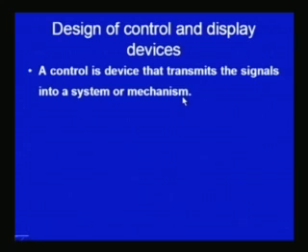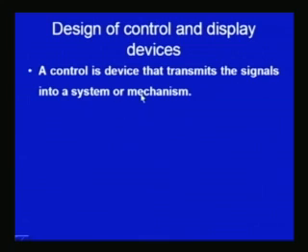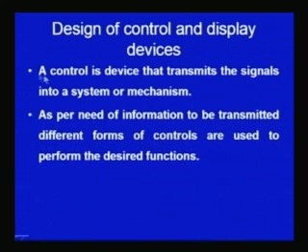For controlling a given mechanical system, these devices are used to transmit signals to the system, so that it responds in a different way, changing its response as per the need of the information to be transmitted.